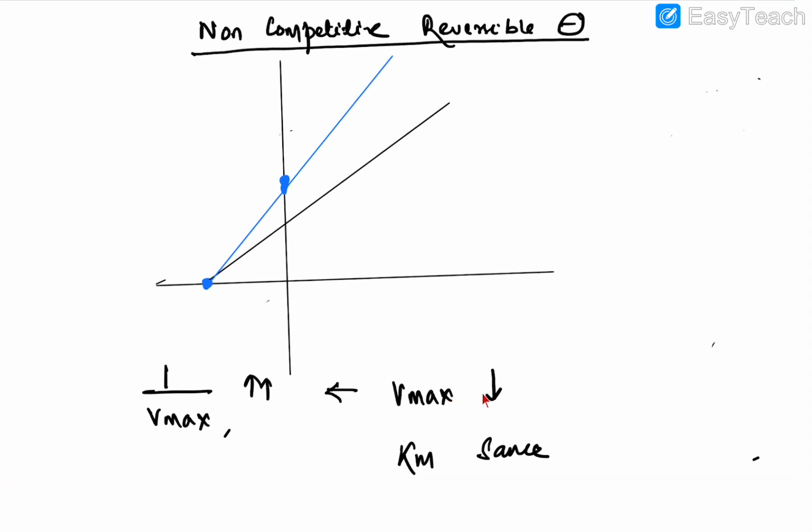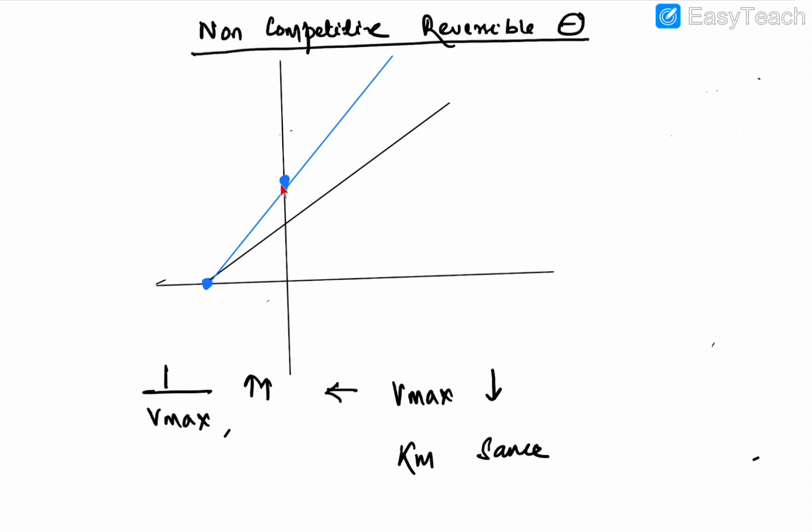As we discussed, Vmax is reducing, so 1 by Vmax will increase. So if this is the curve where there was no inhibitor, and this is the 1 by Vmax over here, and we are saying that the new 1 by Vmax has increased, so it will be somewhere here. Now we already discussed that Km is going to remain same, so the Km is here in absence of the inhibitor, and in presence of the inhibitor also Km is going to remain same, so 1 by Km is going to remain same.